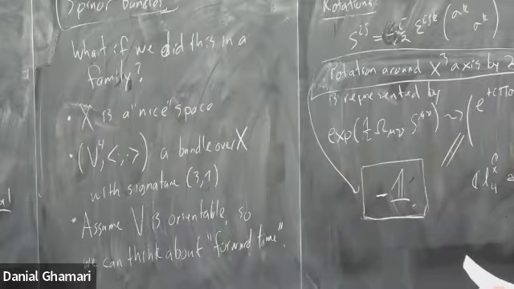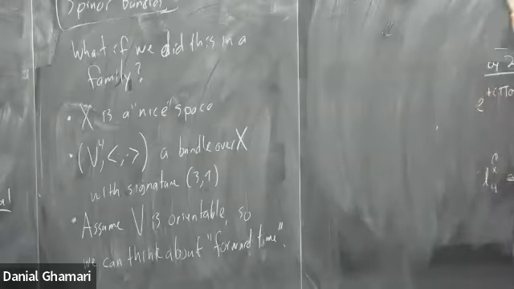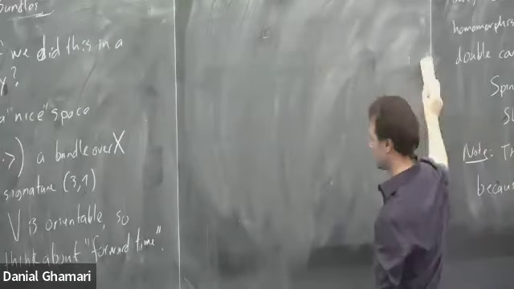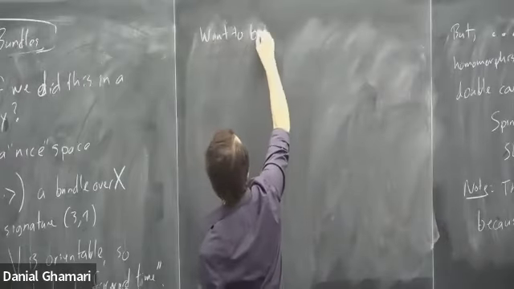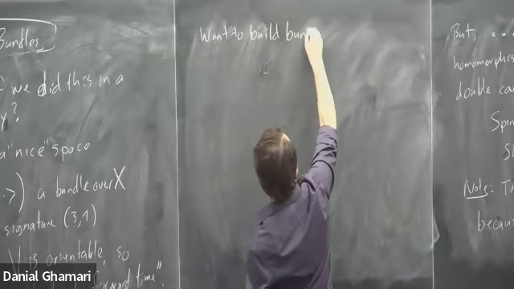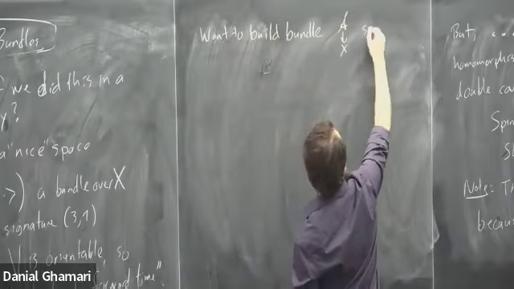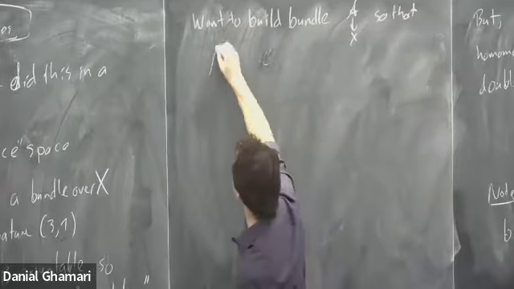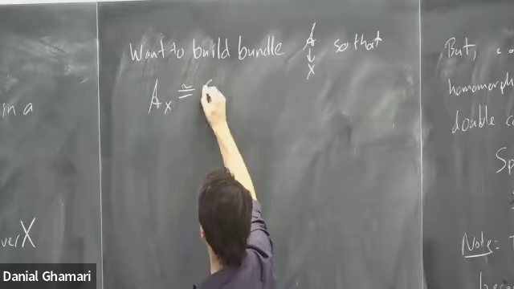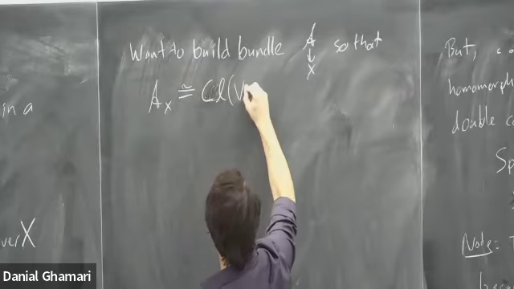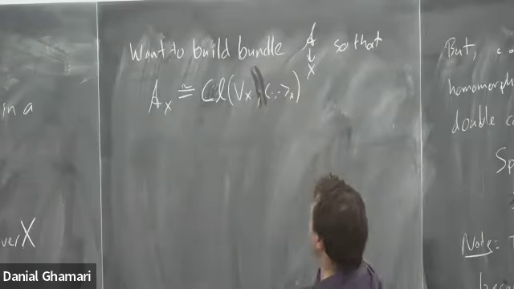So we're going to want to take this and build out of it a bundle of Clifford algebras. We want to build, say, A over X, so that the fiber at a point x is just given by, maybe not even isomorphic, but equal to the Clifford algebra of the fiber B_x with the inner product that's defined over x.